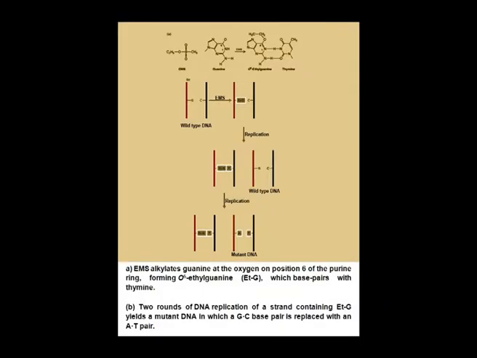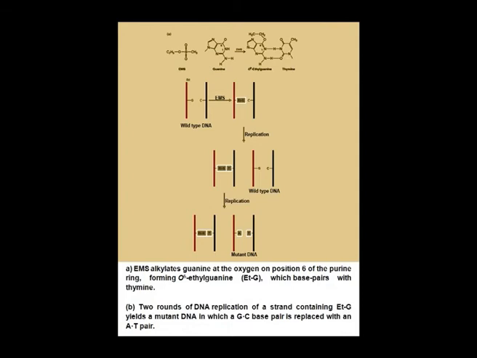For example, ethyl methane sulfonate, a commonly used mutagen, alkylates guanine in DNA, forming O6-ethyl guanine. During subsequent DNA replication, O6-ethyl guanine directs incorporation of deoxythymidylate, not deoxycytidylate, resulting in the formation of mutant cells in which a GC base pair is replaced with an AT base pair.